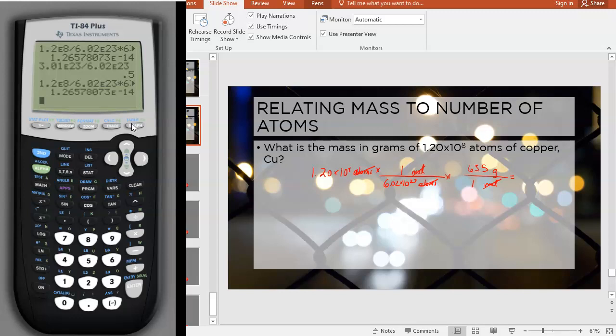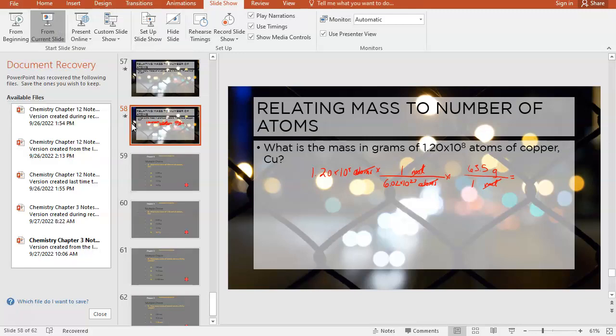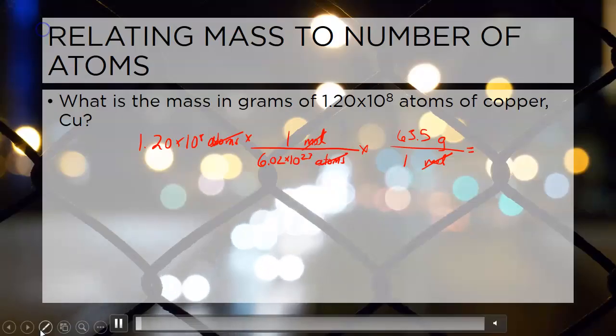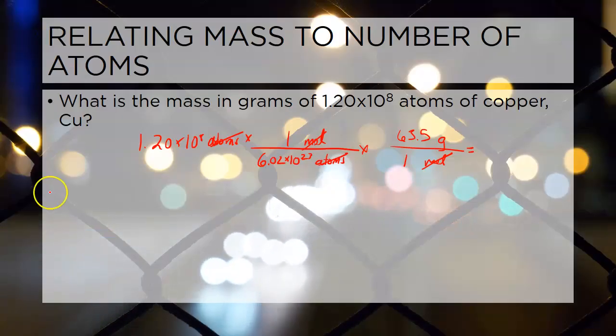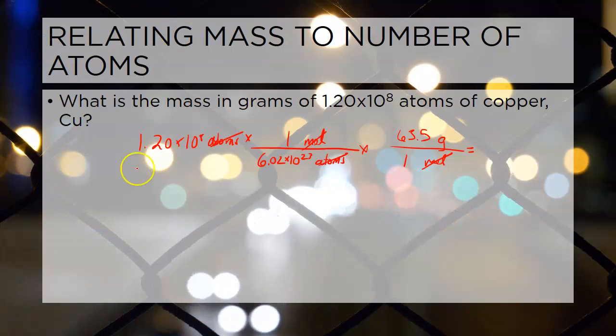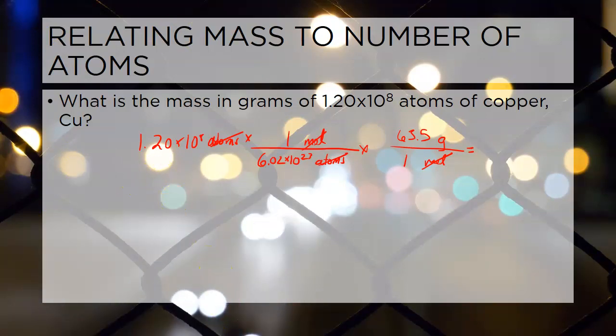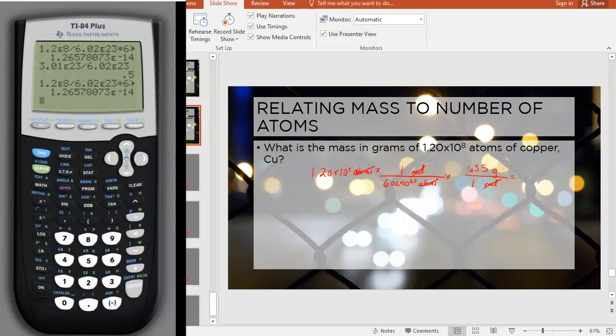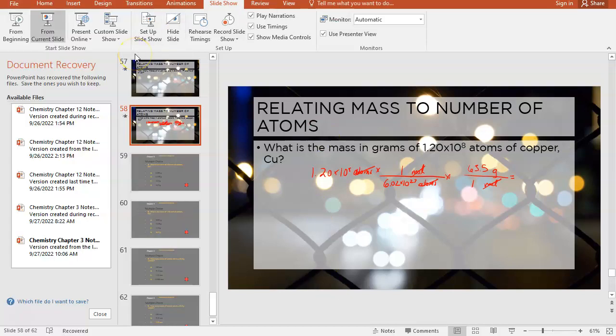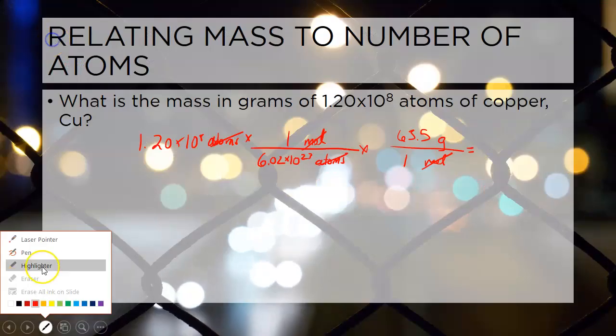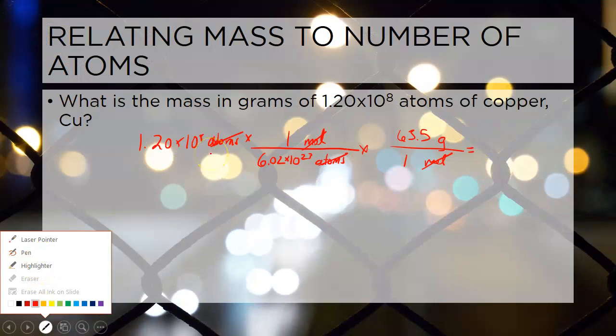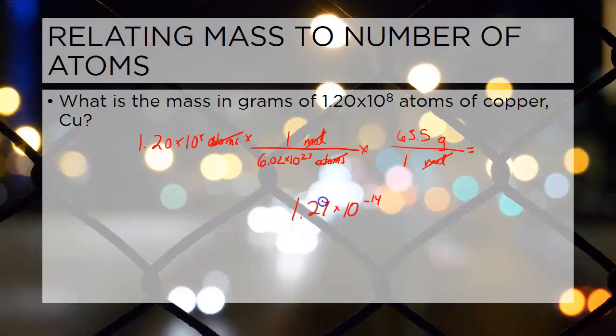There's that times 10 to the negative 14th at the end there. So 1.27 times 10 to the negative 14th grams.